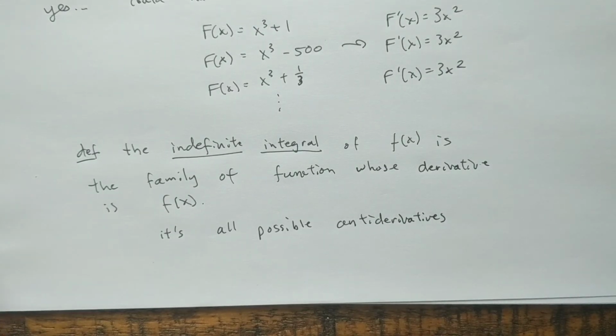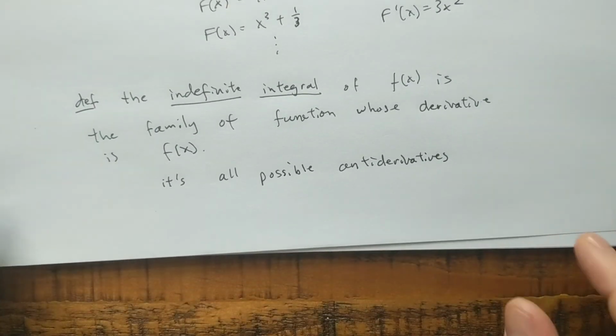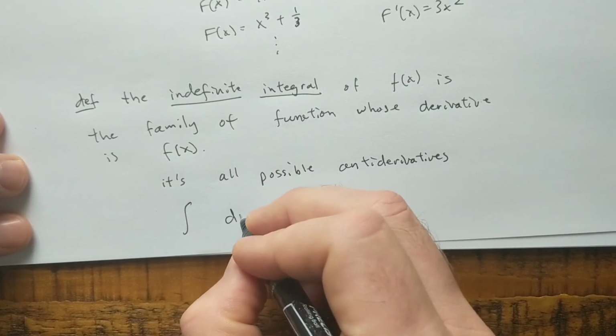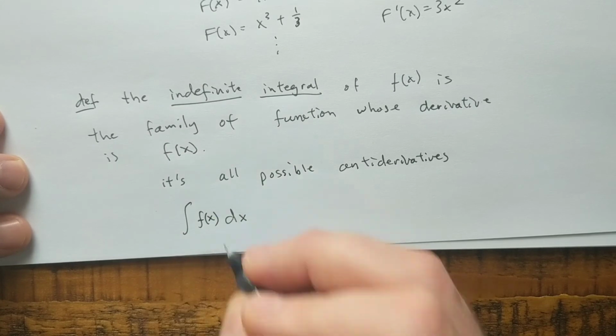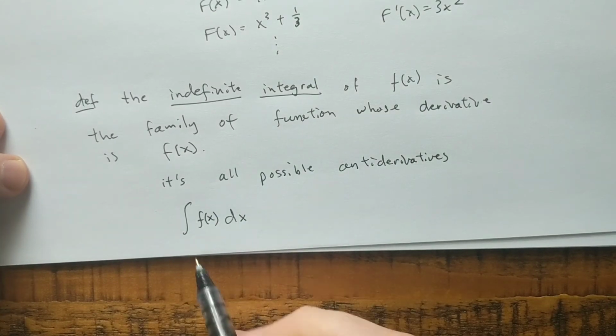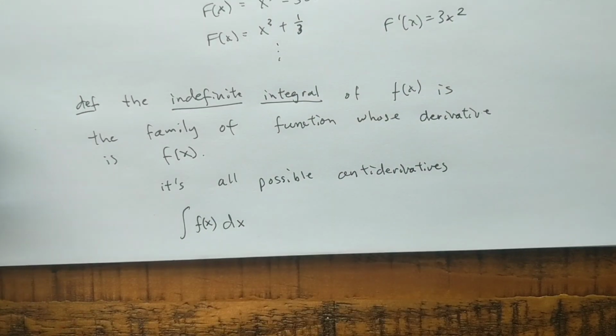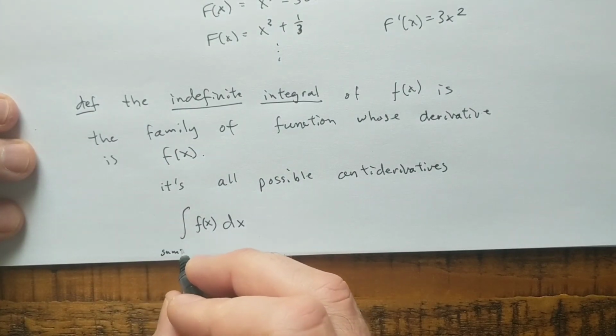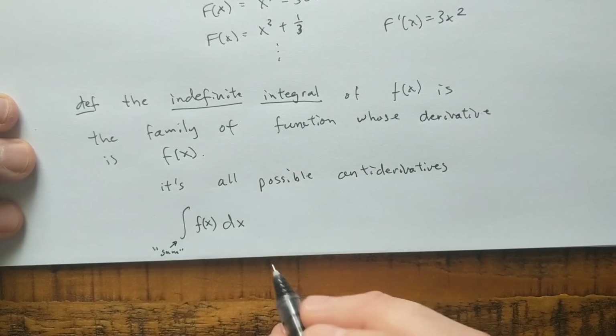Okay. And we have notation for this. The indefinite integral looks like this: we have the integral sign, this S is really a capital S standing for sum, but we don't know why that's true yet, but we will by the end of this course.